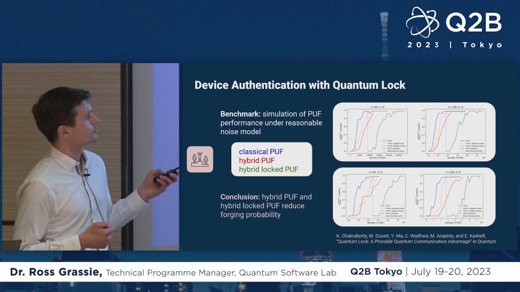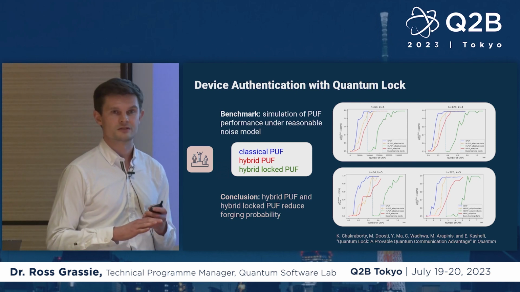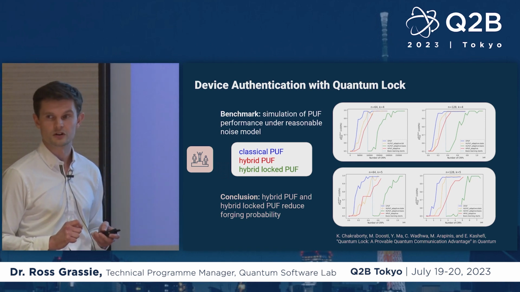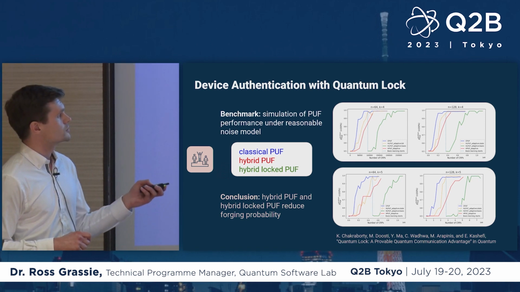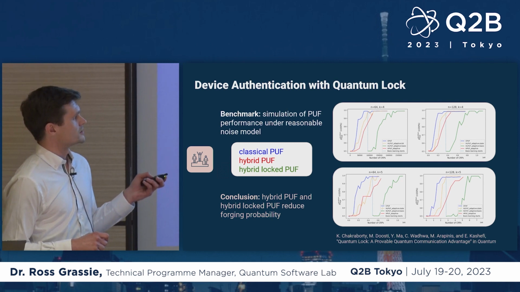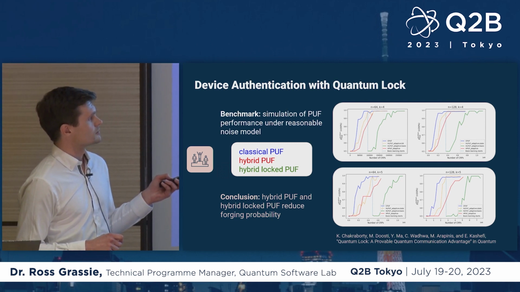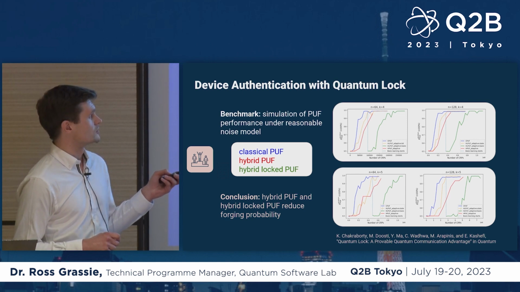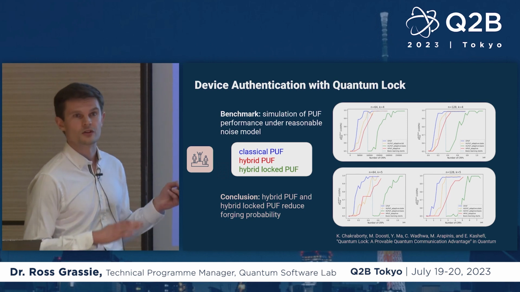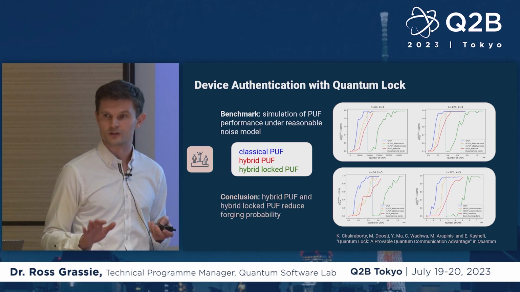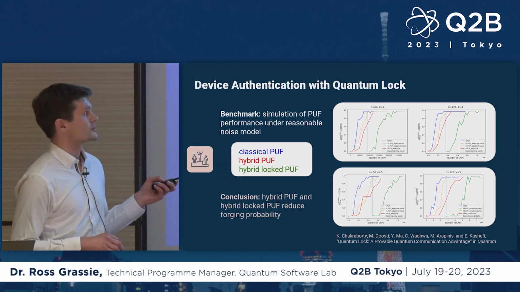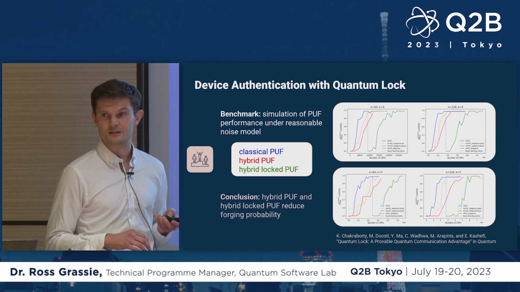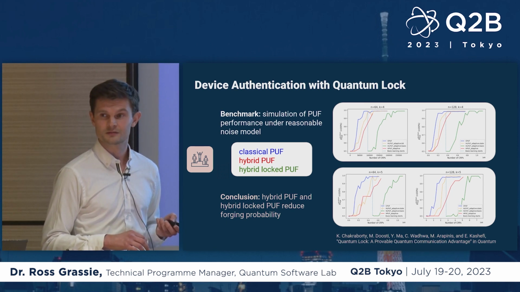So once this forging probability hits 1, it means that definitely an adversary has been able to break our authentication protocol. And in each of these scenarios, we can see that the amount of data that is required before the forging probability hits 1 is the worst in the classical case. So the classical case is performing worse than our quantum solutions. Our second attempt performed a little bit better, and our third attempt was the best so far.